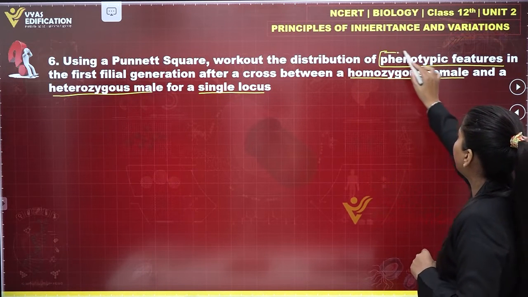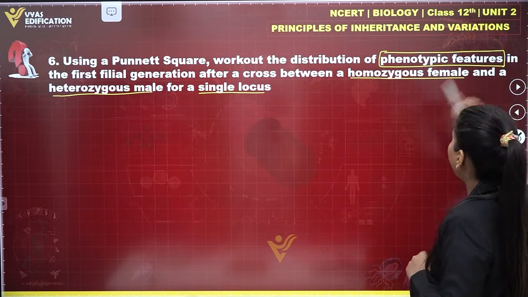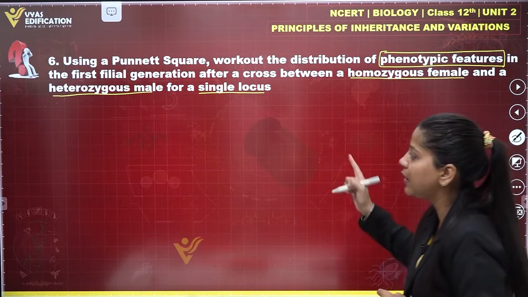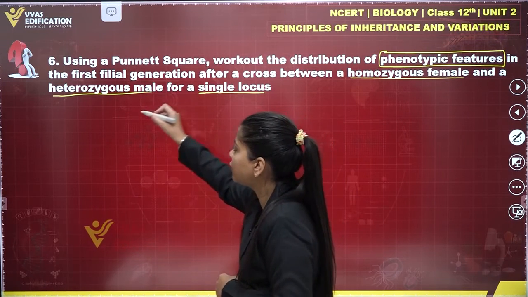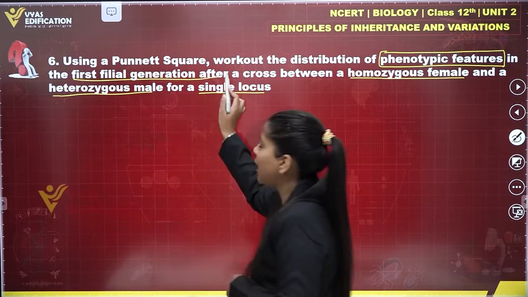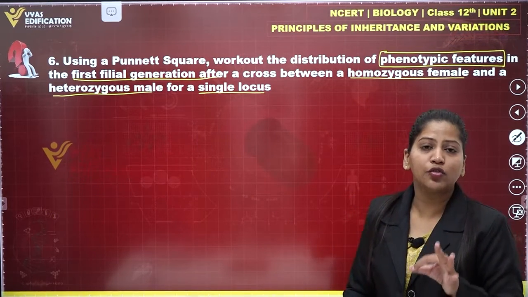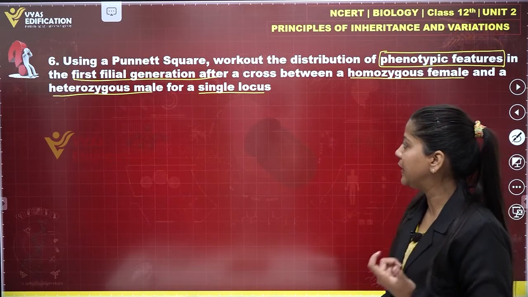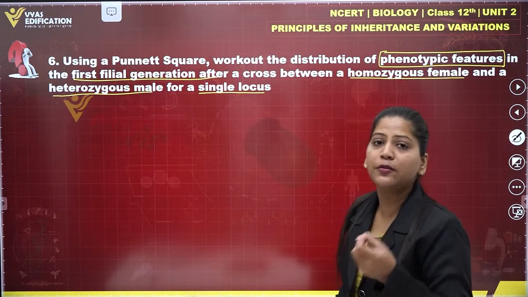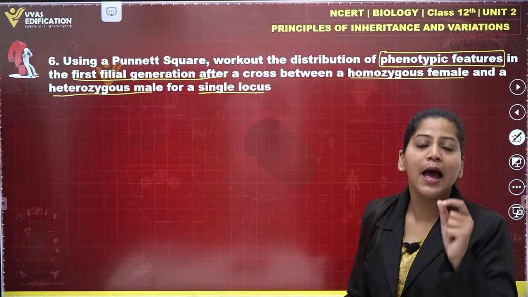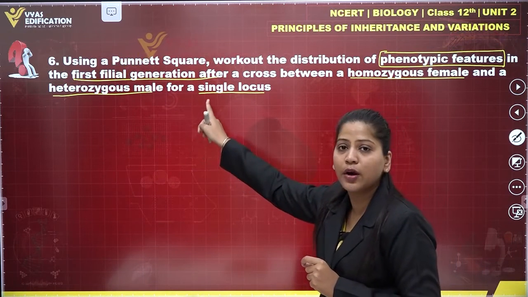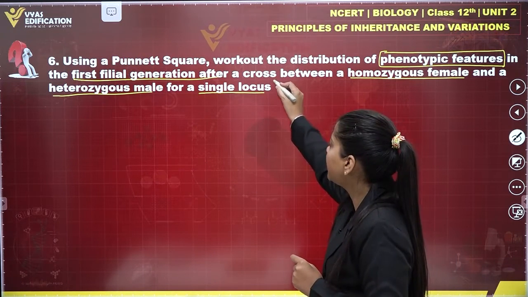We have to make a Punnett square to find the phenotypic ratio in the first filial generation or F1 generation after a cross between a homozygous female and a heterozygous male for a single locus or character.